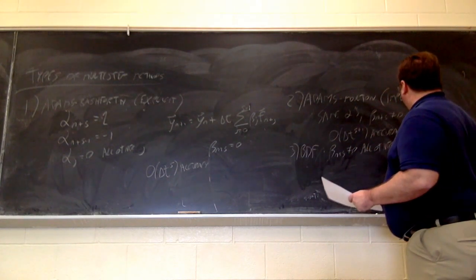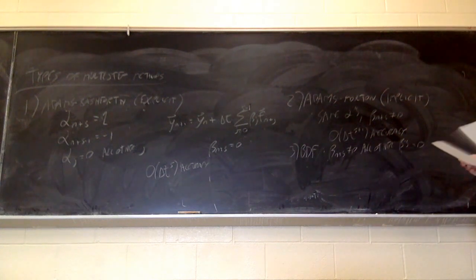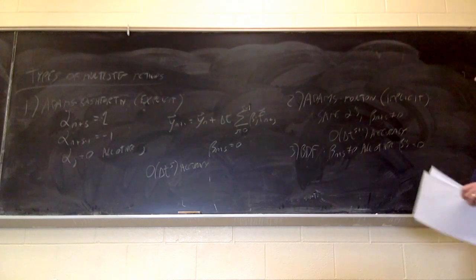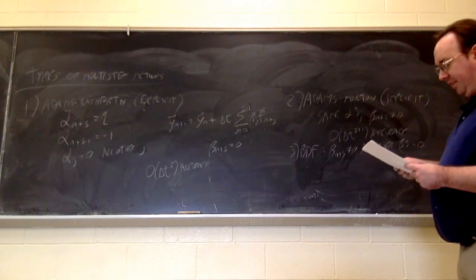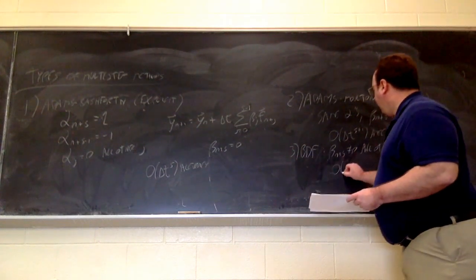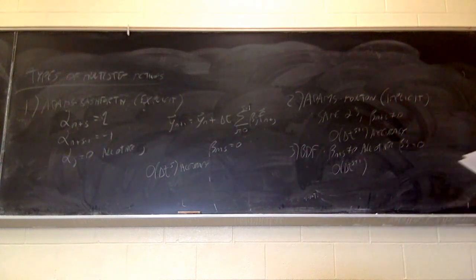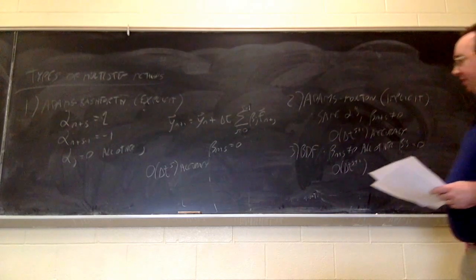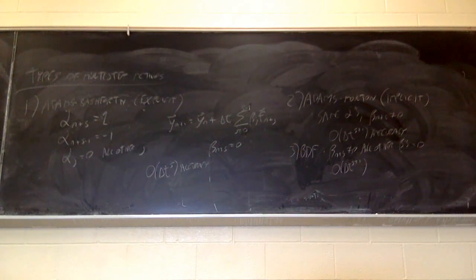All other betas are equal to 0. And the order of accuracy is like Adams-Moulton, order delta t to the s plus 1. And the very last thing I will do is give a few examples of these methods.